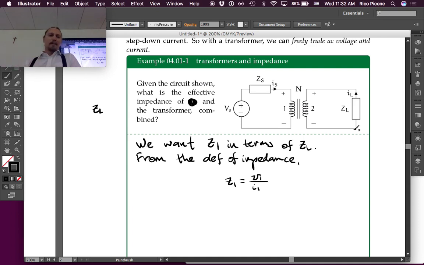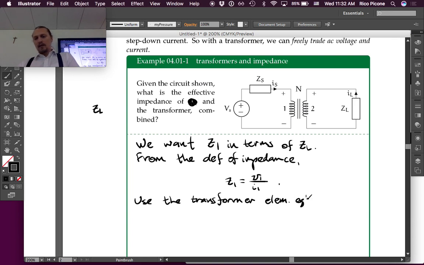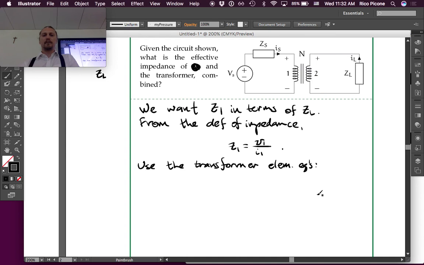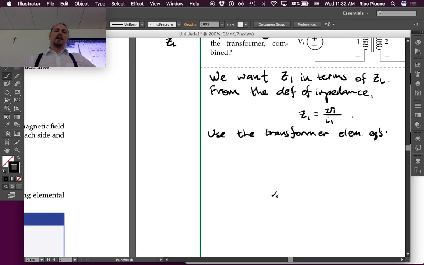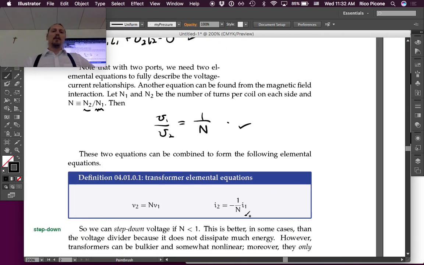So the first step is to use the transformer elemental equations. The transformer elemental equations are listed on this page over here, the blue box. And they tell us how V2 and V1 and I2 and I1 are related.